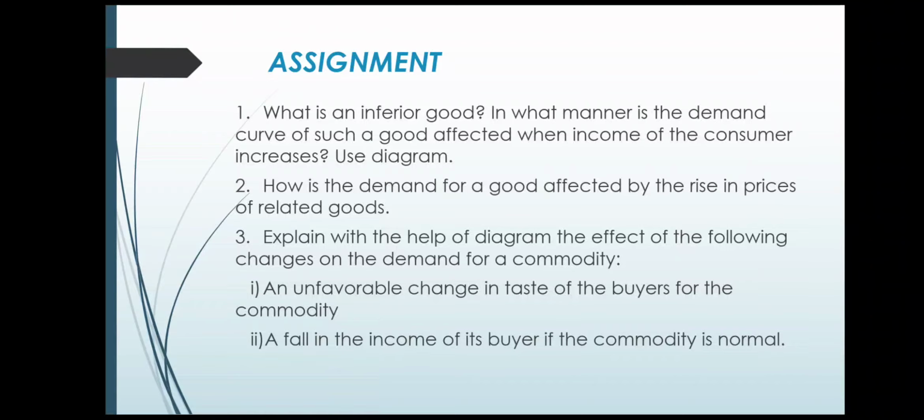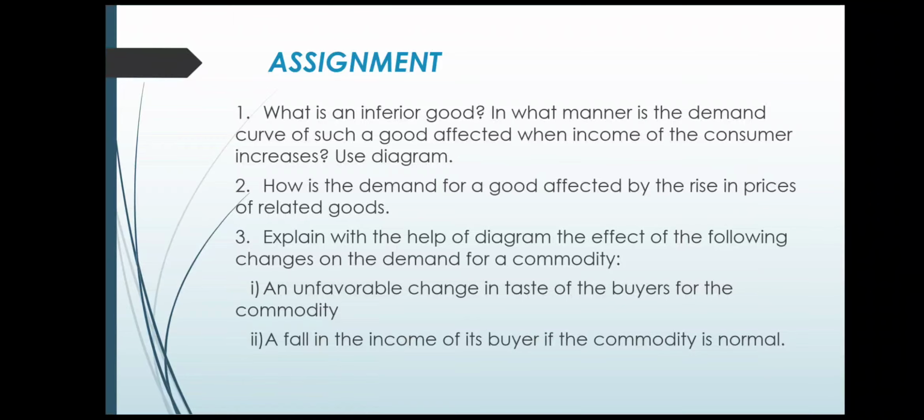The second question is, how is the demand for a good affected by the rise in prices of related goods? So you have just now studied how it is affected, so you need to explain it in your own words. The third question is, explain with the help of a diagram the effect of the following changes on the demand for a commodity.